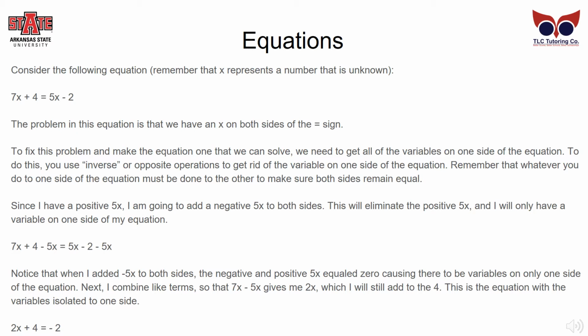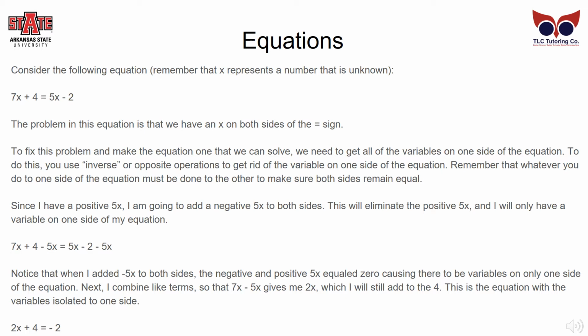Consider the following equation. Remember that x represents a number that is unknown. 7x plus 4 equals 5x minus 2. The problem in this equation is that we have an x on both sides of the equal sign.